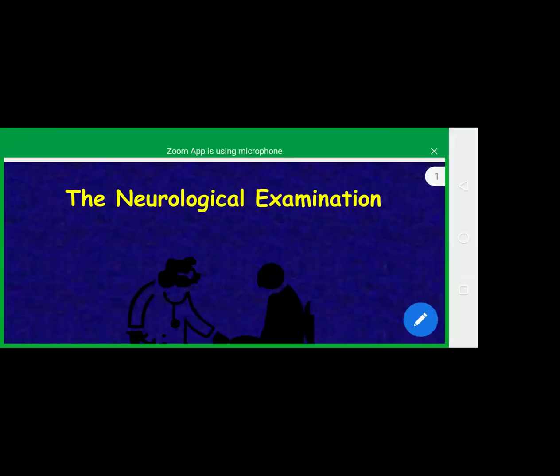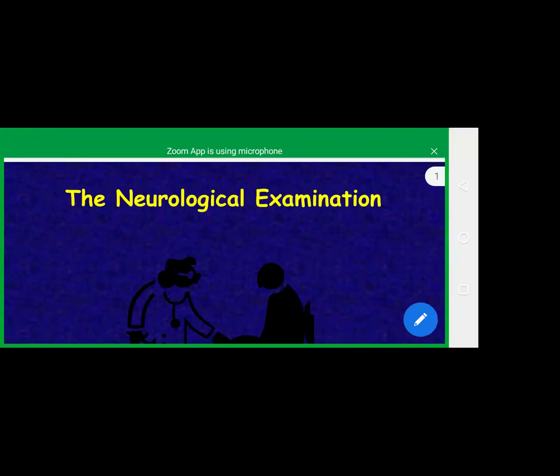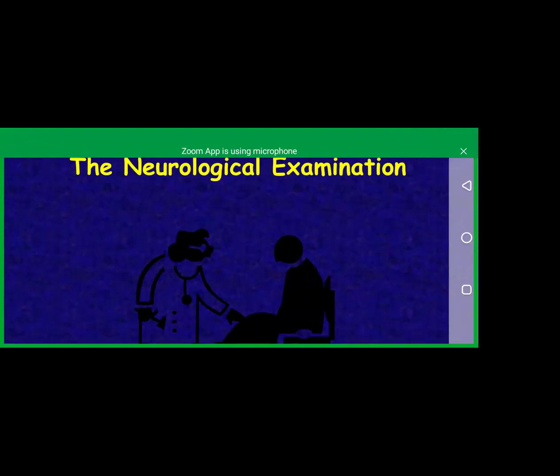So after inspection, the next thing we are going to do in the examination, guys, you can take note of this. If you want to write, you can jot it down. The first thing you are going to look for in the routine nervous system examination is what we have touched before when we were doing our resuscitation.